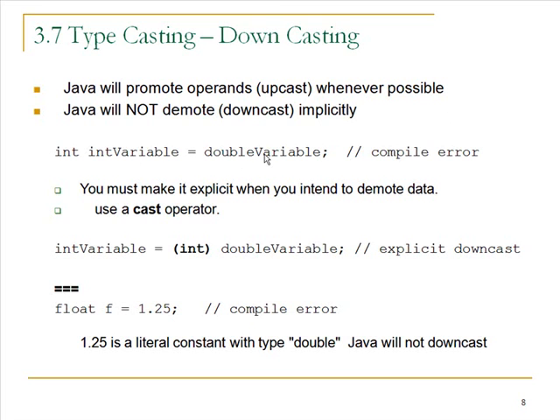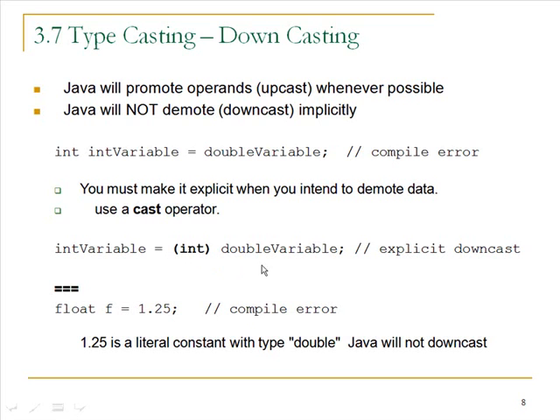But suppose we want the integer part of that variable stored in the int variable. You can do this explicitly in your code. So you can say, I really do want the int part of that assigned to this variable. This is the cast operator. You put a data type inside of parentheses. It looks kind of like a declaration, but it isn't at all.